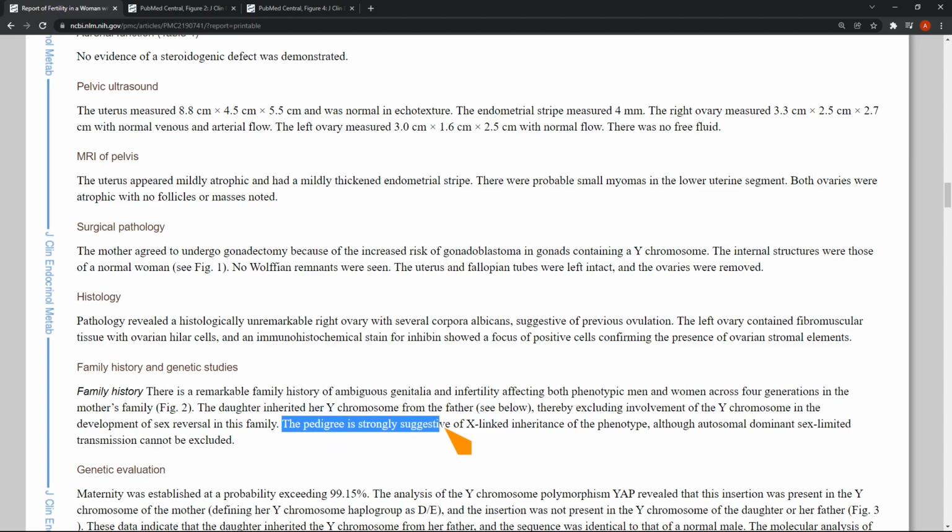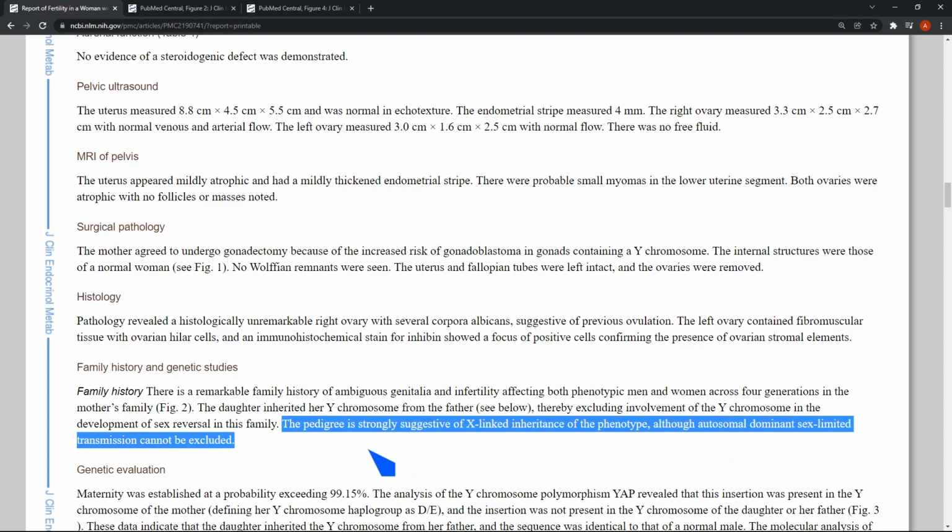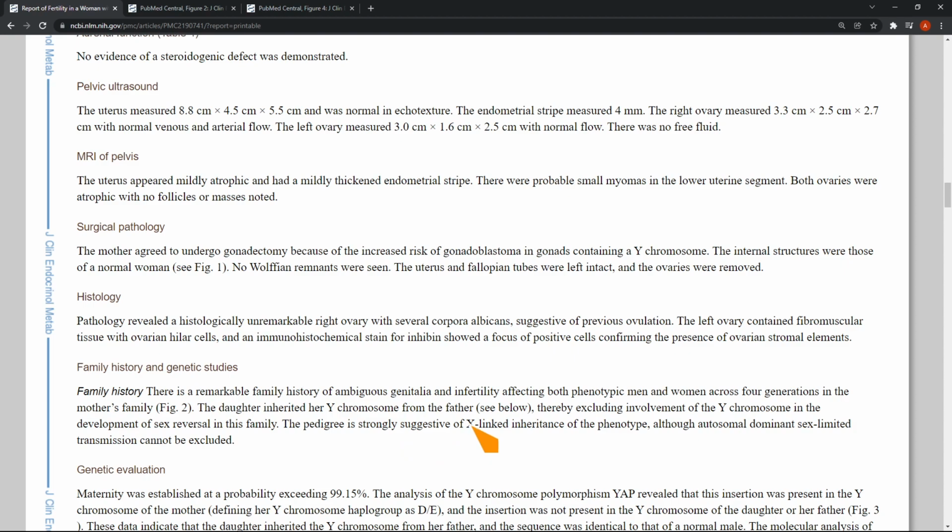The pedigree is strongly suggestive of X-linked inheritance of this phenotype, although autosomal dominant sex-limited transmission cannot be excluded. So X-linked inheritance just means that it's passed on your mother's side, and autosomal dominant means that when 2 copies of the same gene are in the same person, the dominant one will be the one that's used.